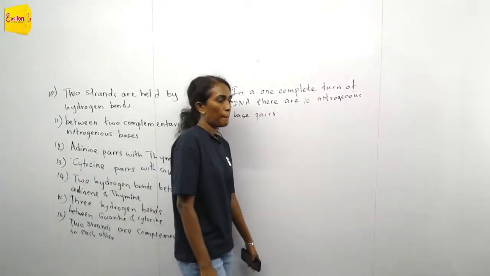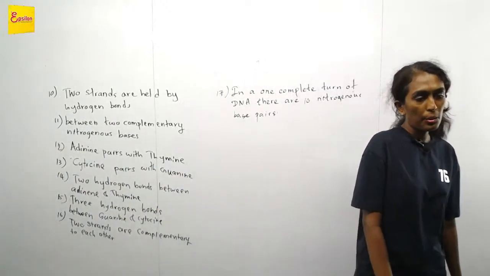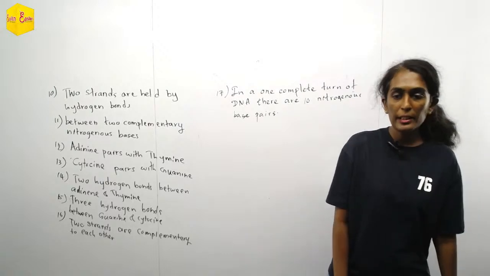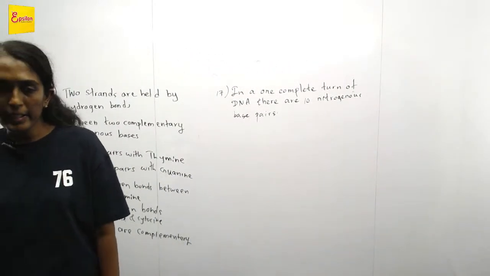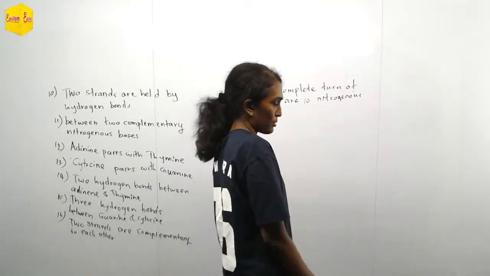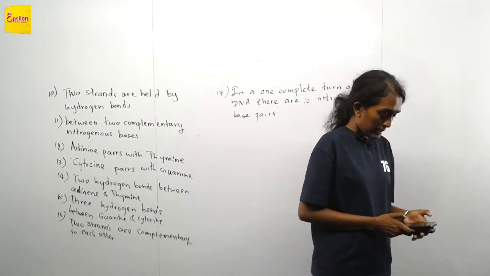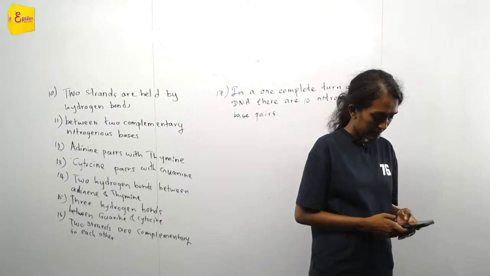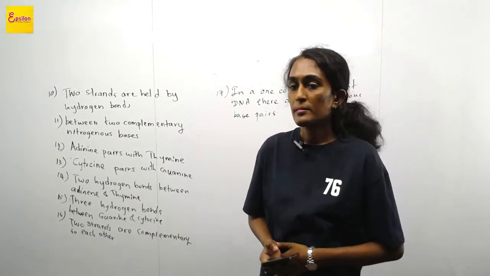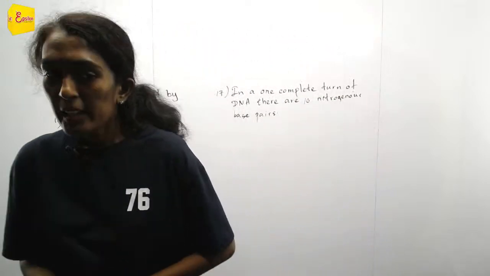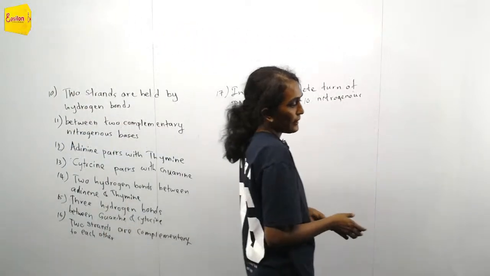Not only storing, what about transmitting the genetic information to the next generation? It's also done by DNA, isn't it? One thing is storing, one thing is transferring. Let me explain.